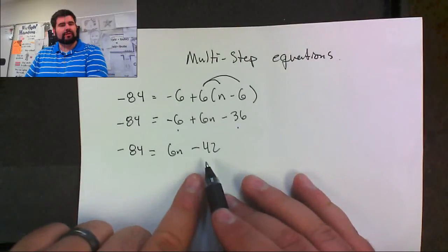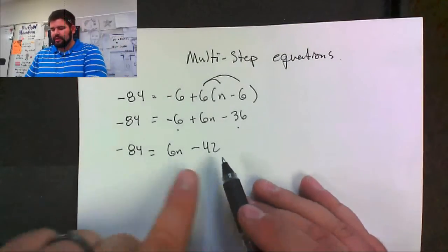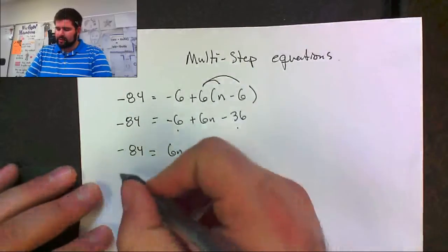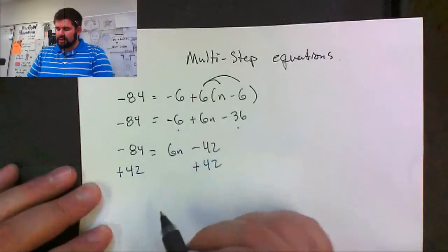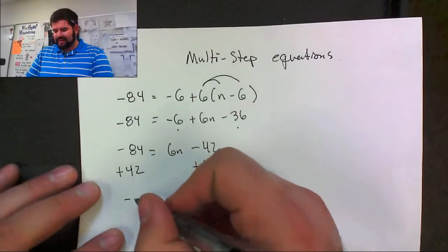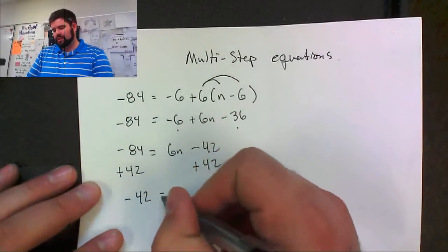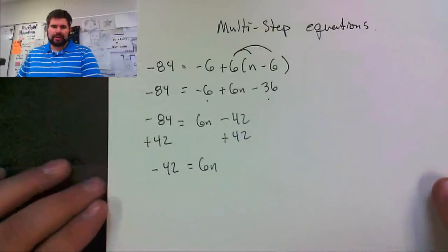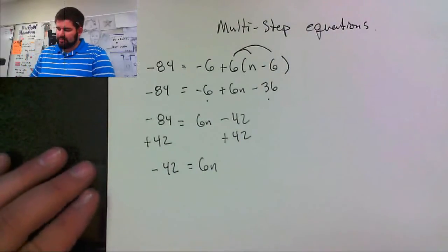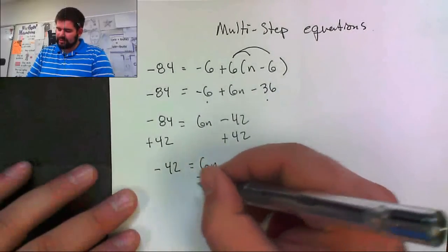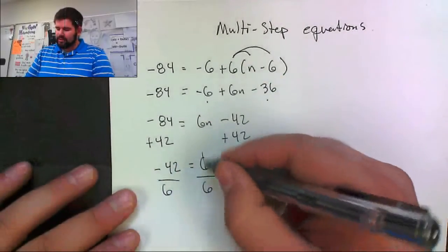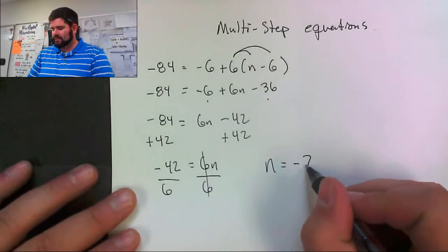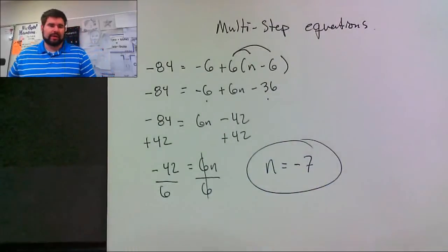Now it turns into something I know how to solve, and I can add 42 to each side, and I end up with negative 42 equals 6n. To get n by itself, I simply divide by 6 on each side, those cancel, n is equal to negative 7, and that is my answer.